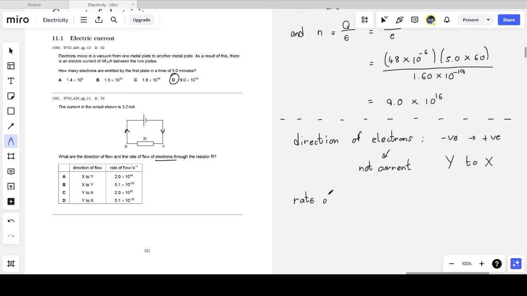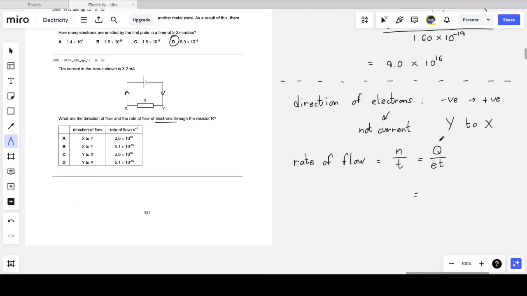Next, I want to find the rate of flow. How many electrons are passing through a point in the resistor? Let's assume the resistor is just a single point in the circuit. How many electrons are flowing through the resistor every second? And the rate of flow is the number of electrons per unit time, which, remember we said the number of electrons is the total charge flowing through that point divided by the charge of a single electron, and then that divided by t, so Q over e t.